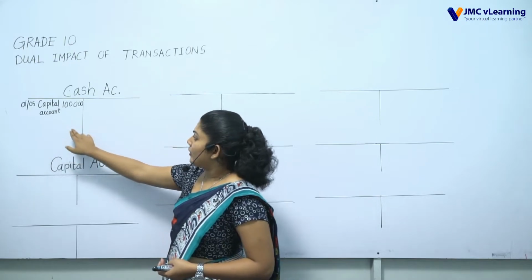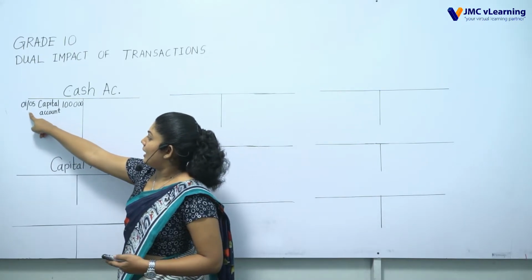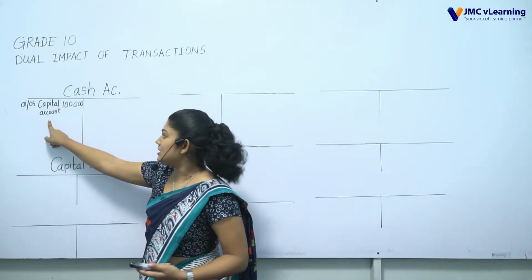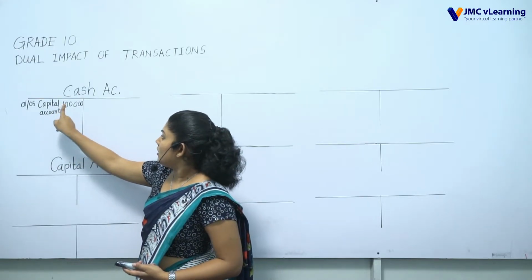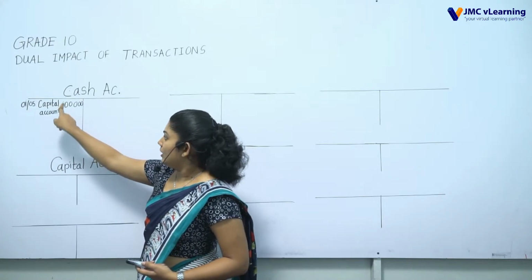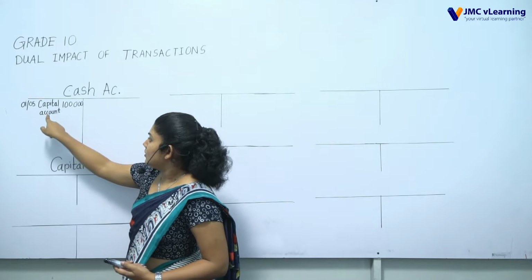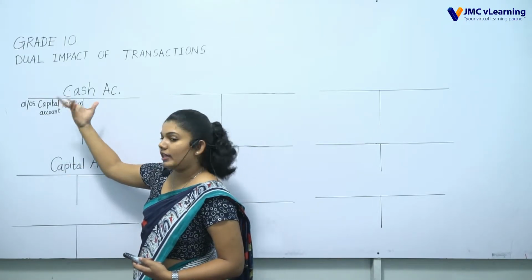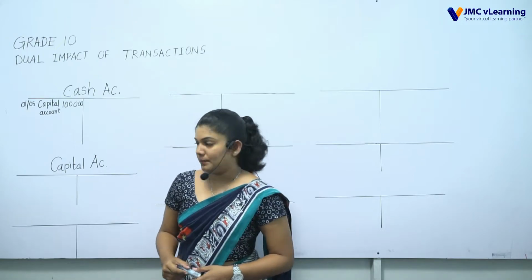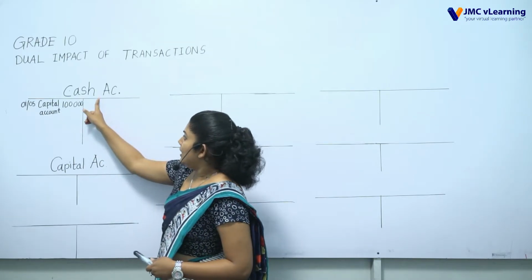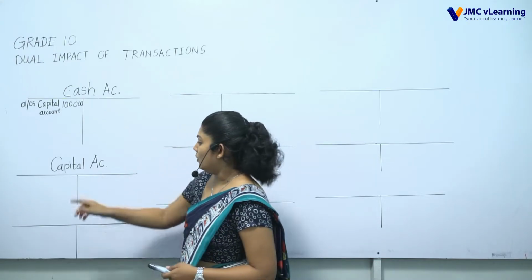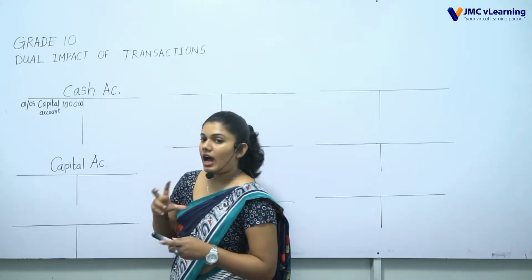Therefore, I have recorded here the date, opposite account, the account where the other entry is, capital account 100,000. Okay, date, the other account that is impacted, and the amount 100,000. Now, cash is received through capital. Therefore, we have to record the other impact.